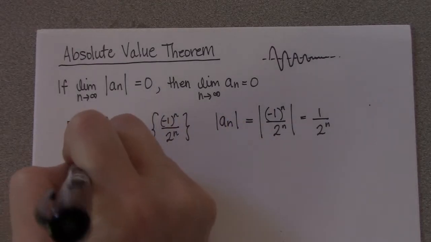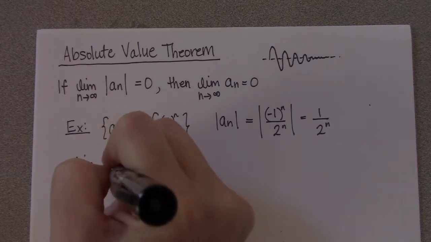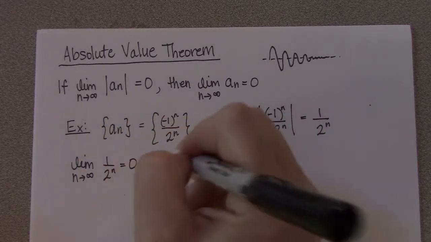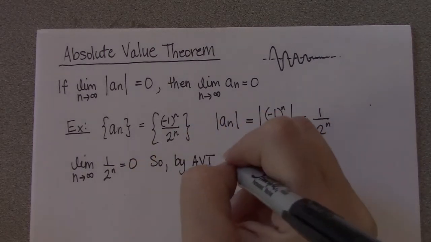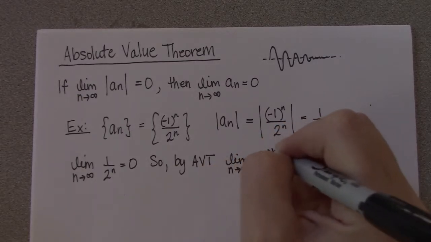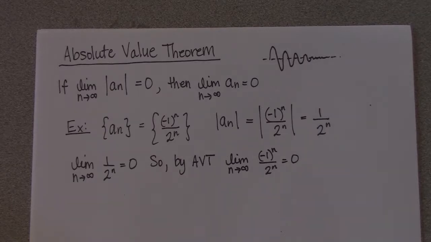So now I'm just going to take the limit of the absolute value, right? Which hopefully we all know now is 0. So, by the absolute value theorem, the limit of this is also 0. So this gets around the squeeze theorem.